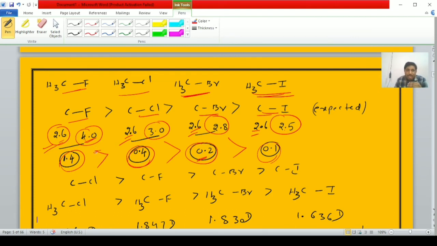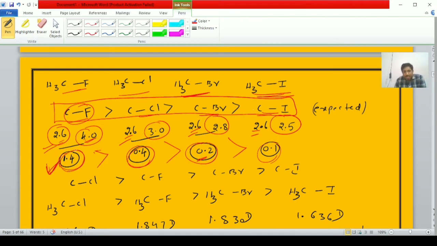The electronegativity difference between the atoms is more in the case of the carbon-fluorine bond when compared to the carbon-chlorine, carbon-bromine and carbon-iodine bonds. Therefore, we expect the dipole moment of the carbon-fluorine bond to be more than that of the carbon-chlorine, bromine and iodine bonds, because the electronegativity difference is more.